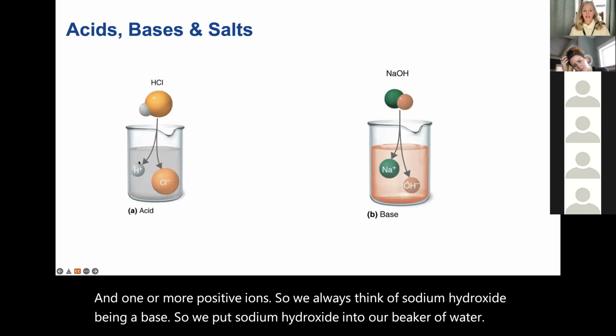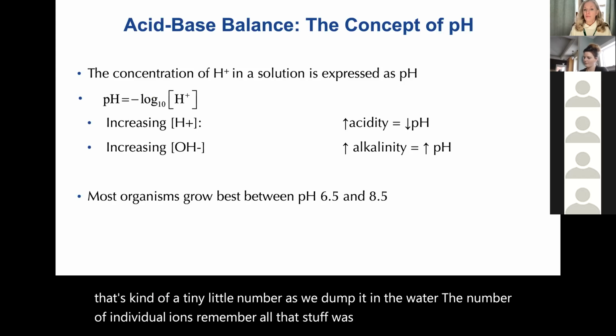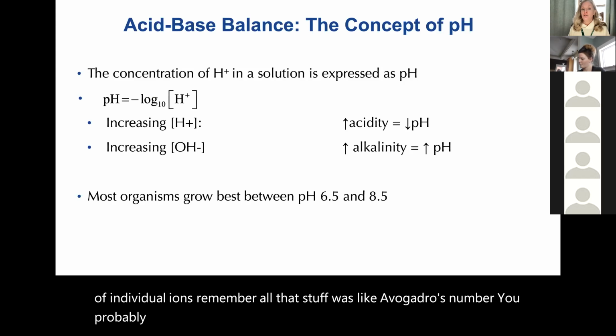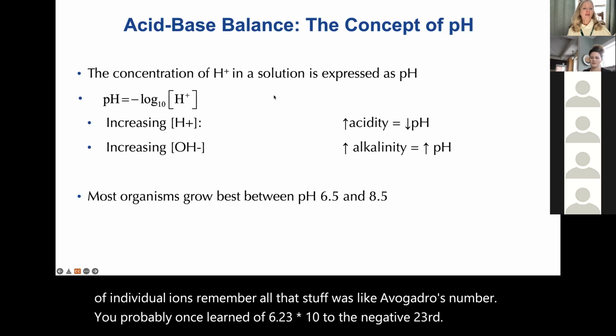So as we get more and more H+ building up, that's a tiny number as we dump it in the water, the number of individual ions. Remember all that stuff with Avogadro's number, 6.023 times 10 to the 23rd.